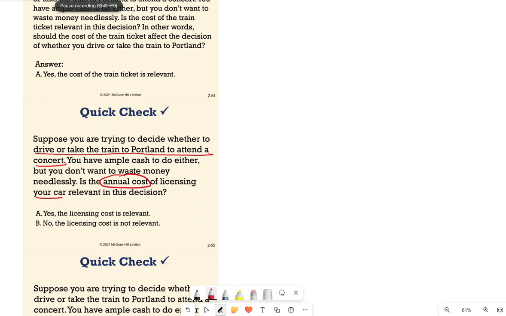Is the annual cost of licensing your car relevant in this decision? No, it's not. If you have a car, you have to get a license for the car. It doesn't matter if you drive or take a bus. Annual cost is not a relevant cost.